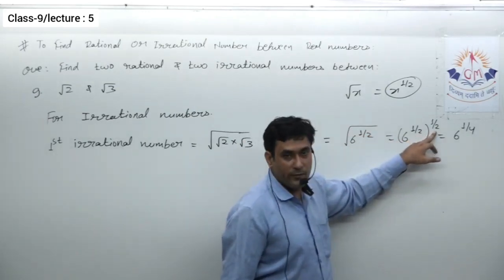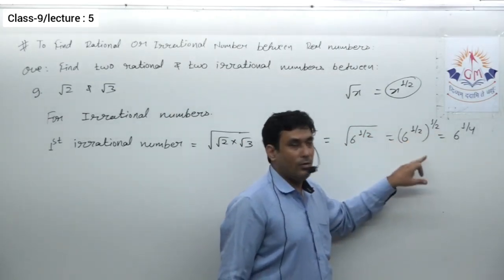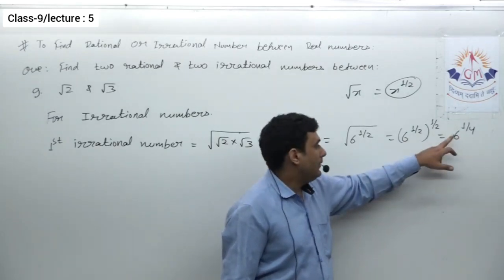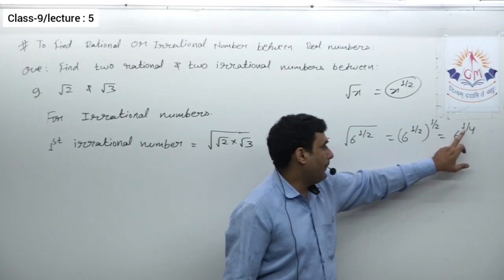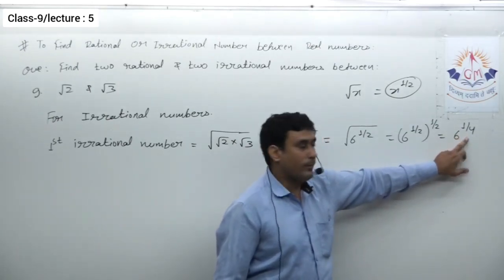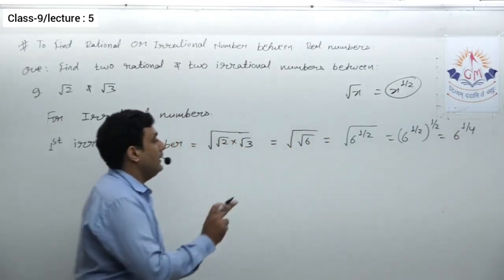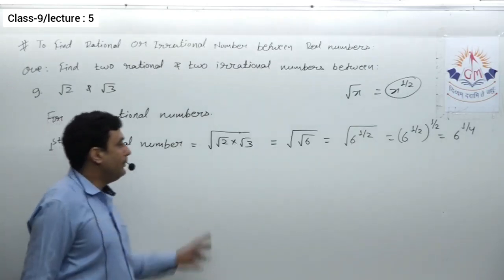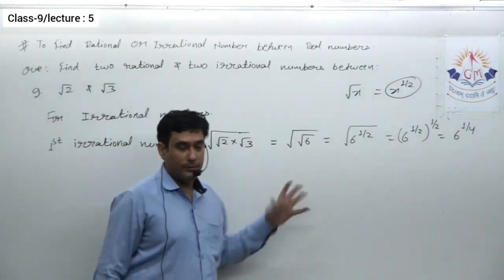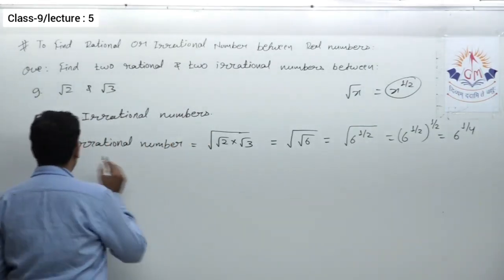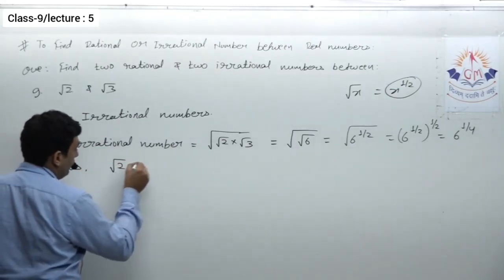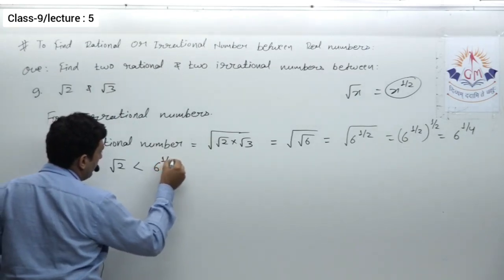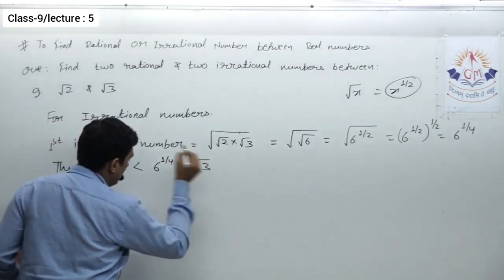Now over here if I apply the laws of exponents that you must have studied in your class 8, by applying the power law, this will be 6 raised to 1 by 4. So this is the first irrational number between root 2 and root 3. Thus I can say root 2 is less than 6 raised to 1 by 4 is less than root 3.